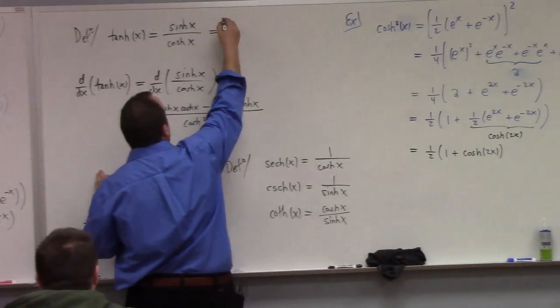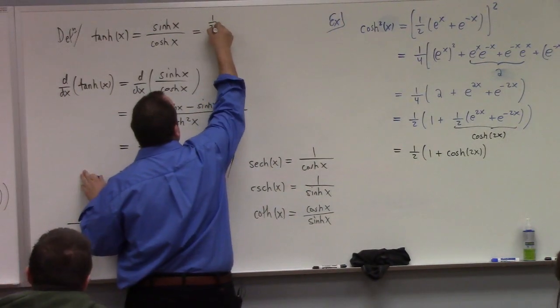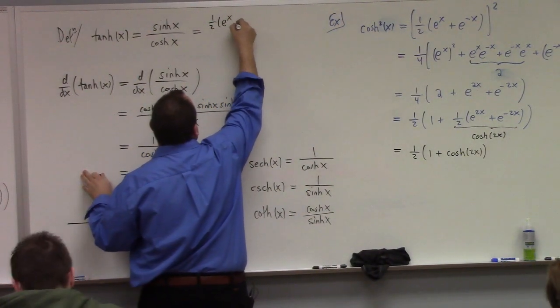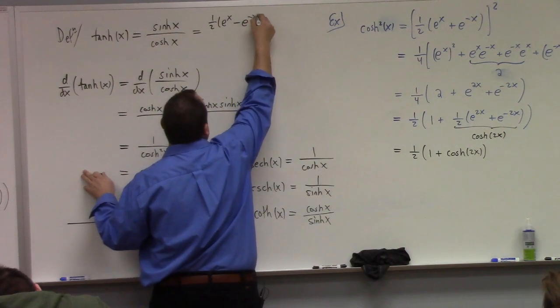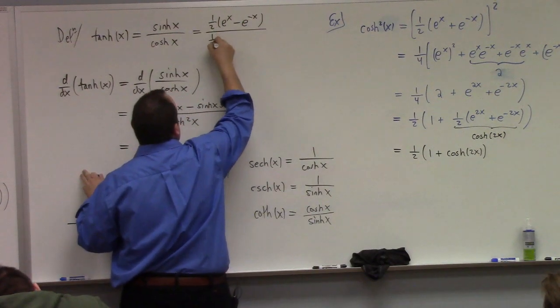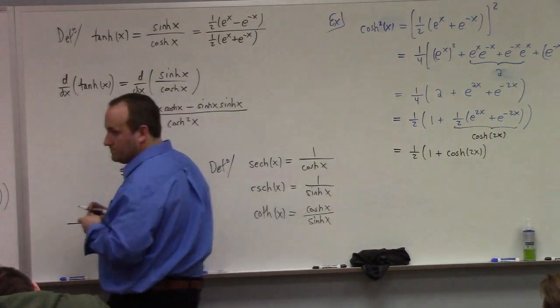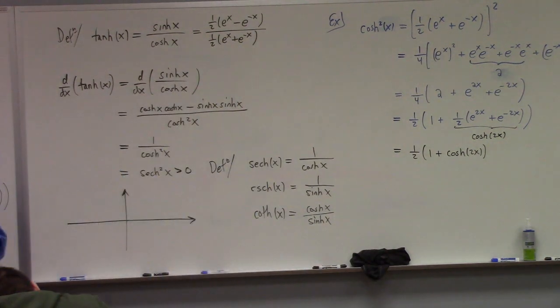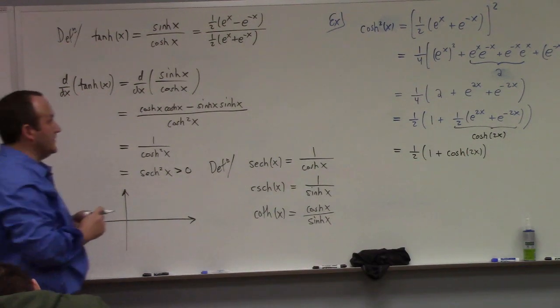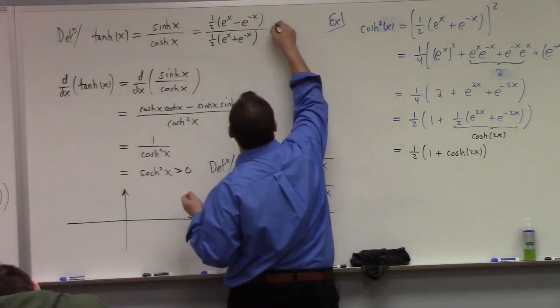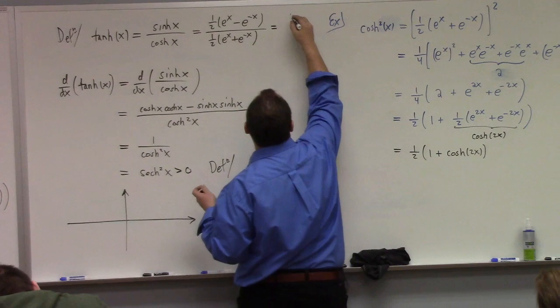This is 1/2 (e to the x minus e to the minus x), and this is 1/2 (e to the x plus e to the minus x), again using the definition. The halves cancel. And if you look at that formula, you can gain insight into what this looks like asymptotically. There are two different ways we could write this.